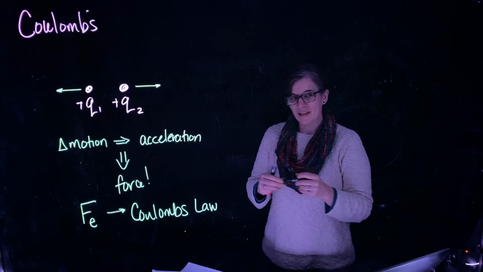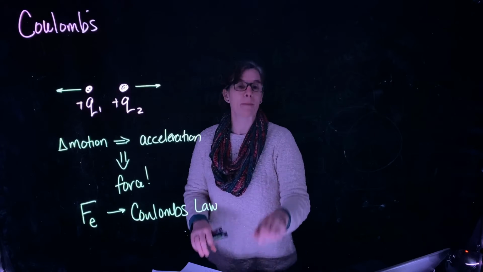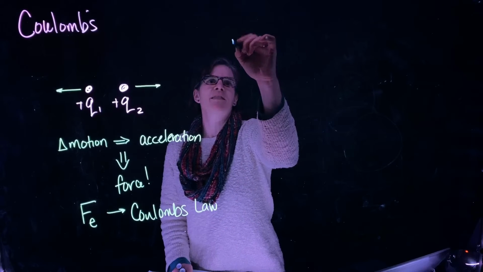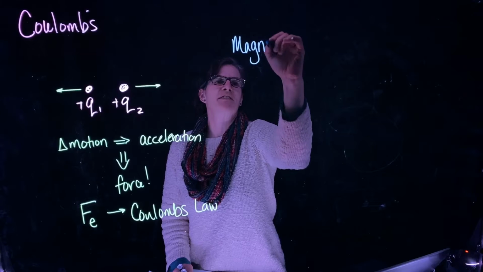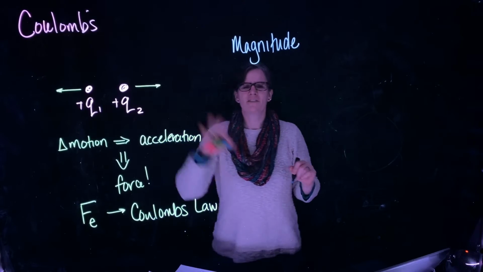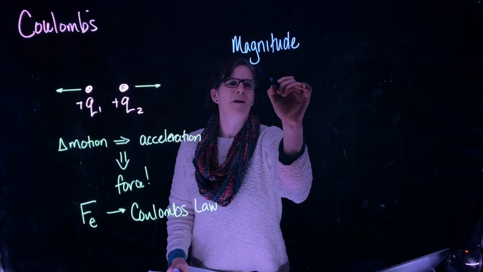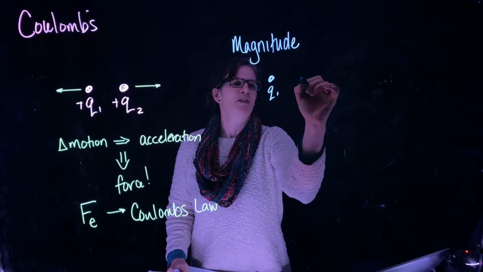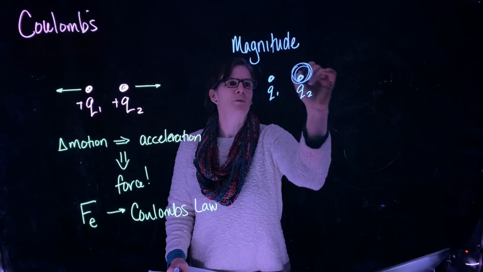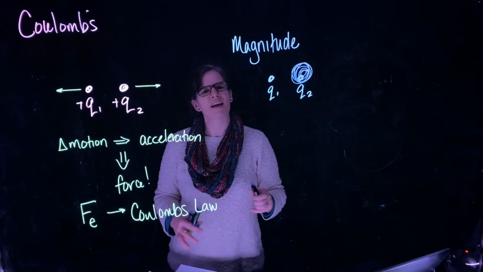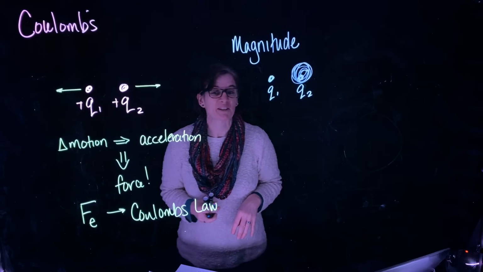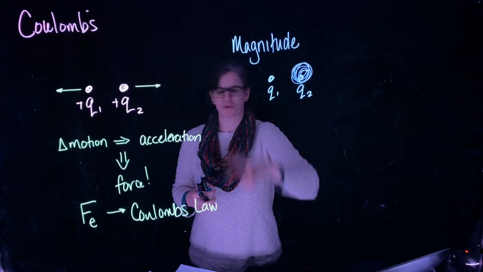We know that forces have both magnitudes and directions, so let's start with the magnitude of the force first. If I have these two charges, Q1 and Q2, and I suddenly make Q2 a lot bigger, not physically bigger, I'm representing a larger electric charge visually by a larger circle.